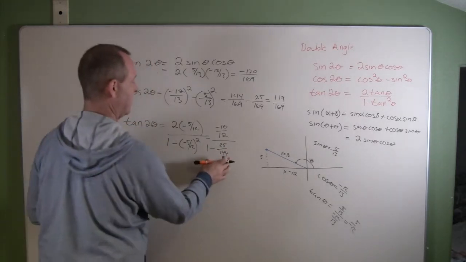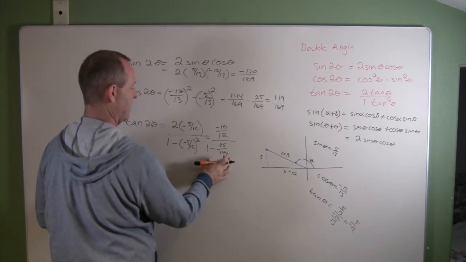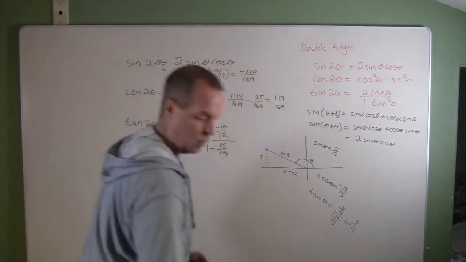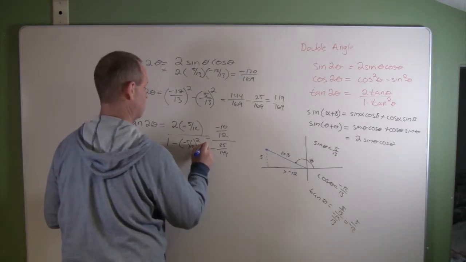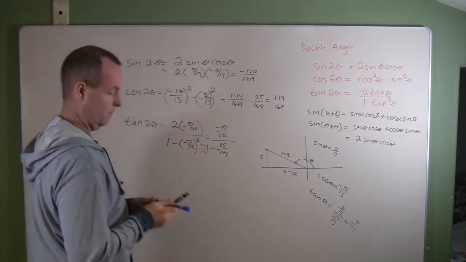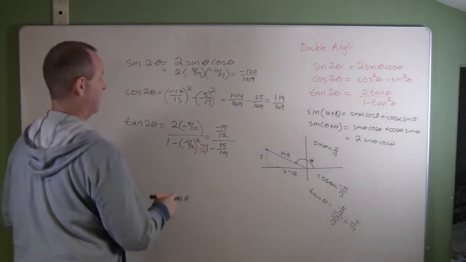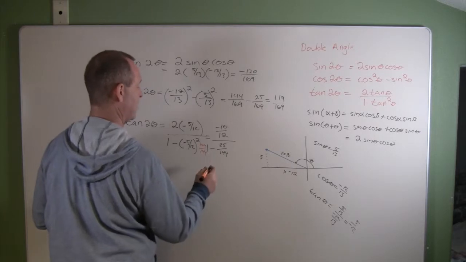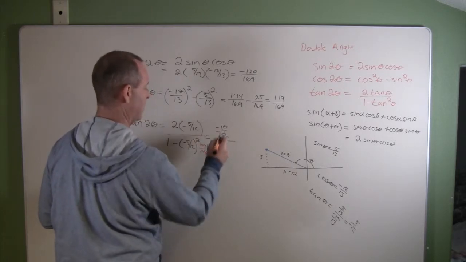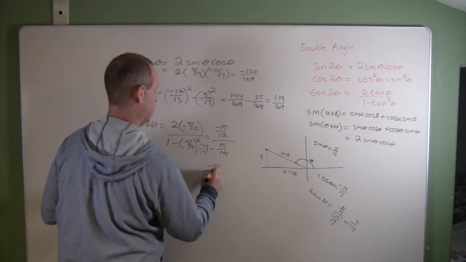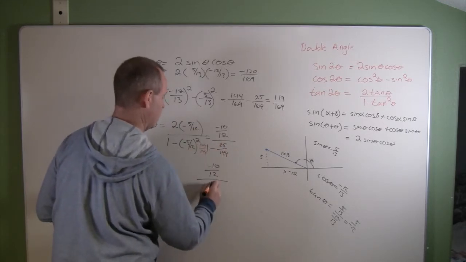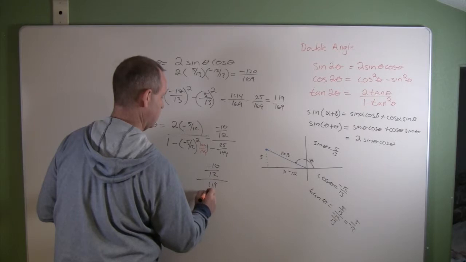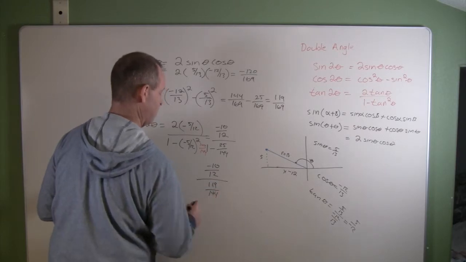Let's get a common denominator, so let's multiply by 144 over 144. Now I have 144 minus 25 on the numerator, minus 10 over 12, all over 144 minus 25, which is 119, all over 144.